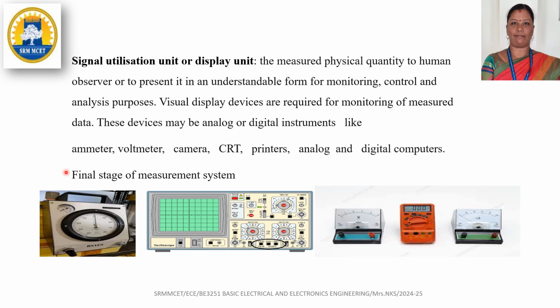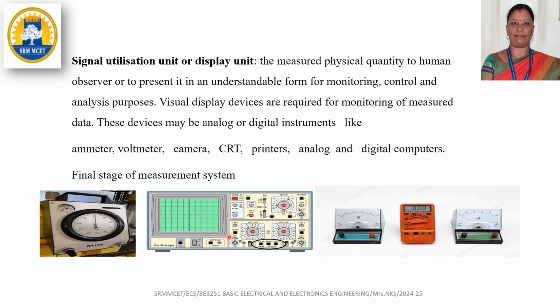I am showing here some of the measurement instruments which you see in the laboratory. This is the CRO, cathode ray oscilloscope. You might have seen it in the laboratory.